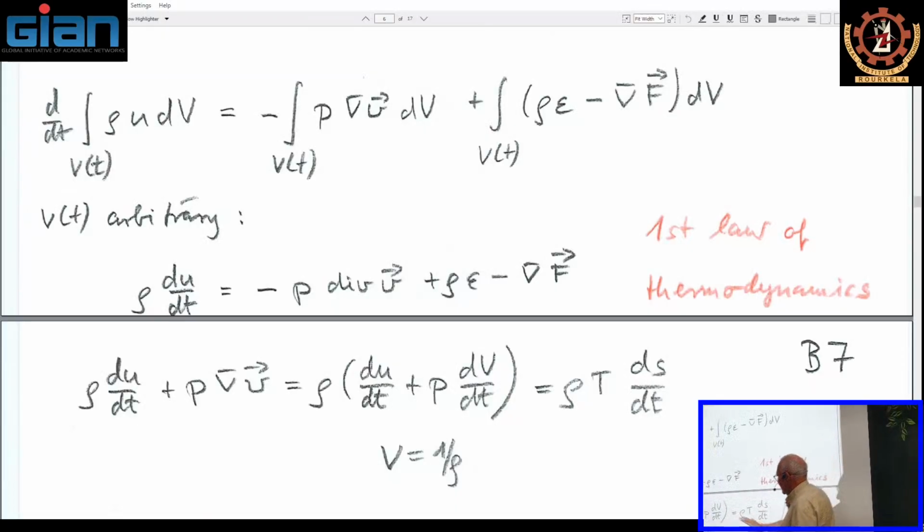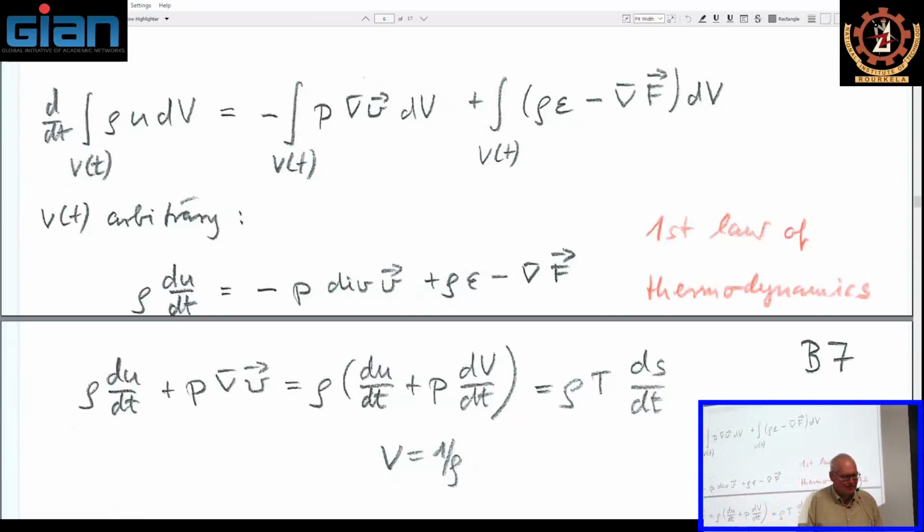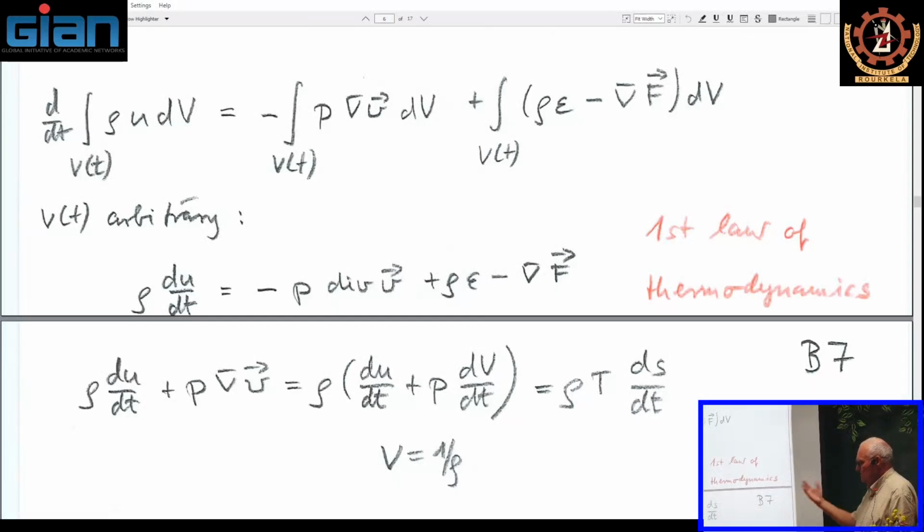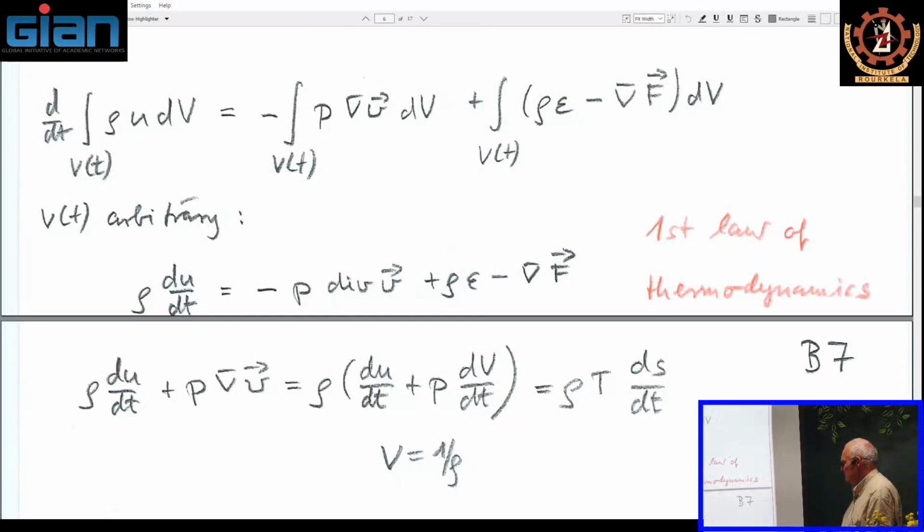So this is actually the change of internal energy plus mechanical work, and this is, according to the first law of thermodynamics, the heat energy which is transferred to the system.